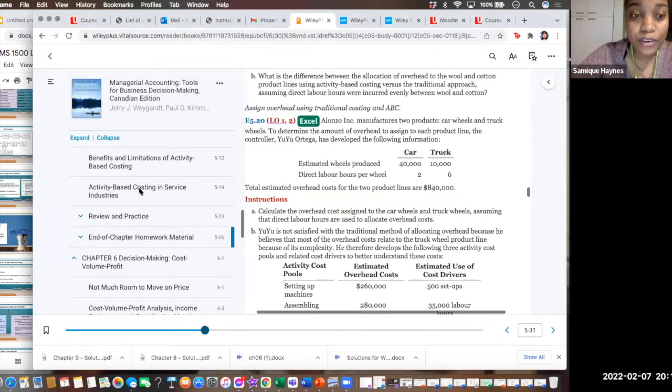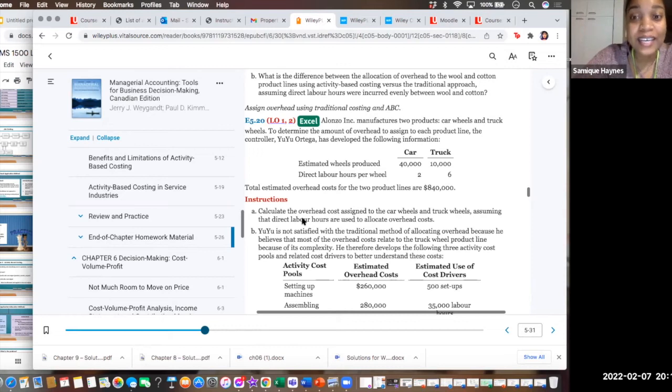The cost driver is direct labor hours, okay? It says so right there, and your question in your exam will always tell you what the cost driver is. What is going to be driving these costs? The question says direct labor hours will drive the cost. Use the direct labor hours to allocate the overhead cost. So we know the cost driver is direct labor hours. We need a total direct labor hours. Total estimated direct labor hours is what?